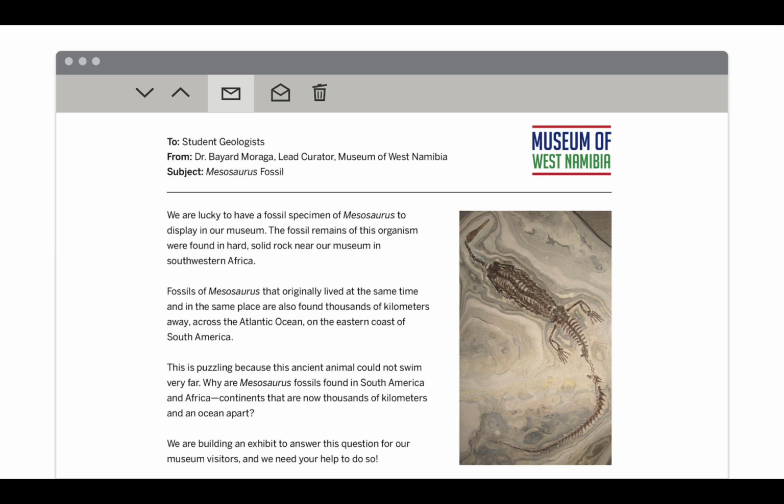Anyway, so they're trying to figure out how come they find fossils of Mesosaurus both in South America and South Africa. So that's our role in this unit. We're trying to figure out what's the explanation here. Mesosaurus couldn't swim, and so there's really no simple explanation for why we're finding these fossils in different areas of two different continents that are separated by an ocean.